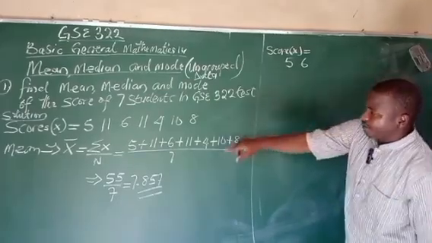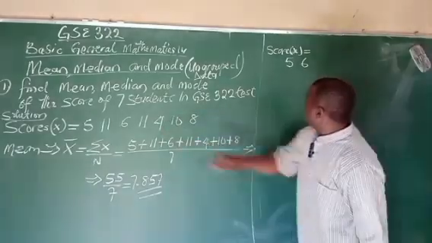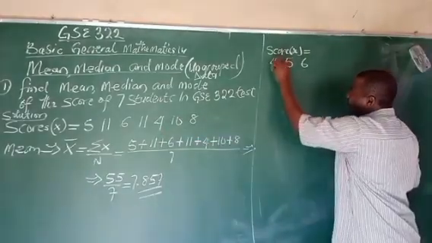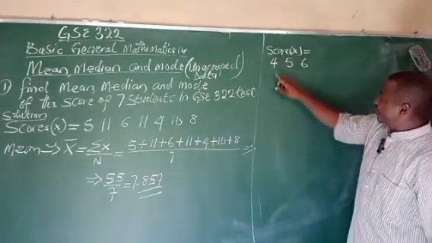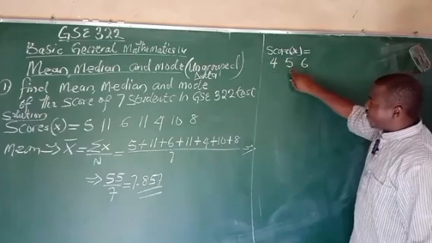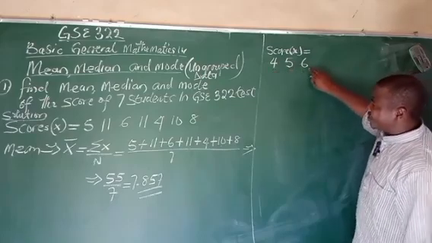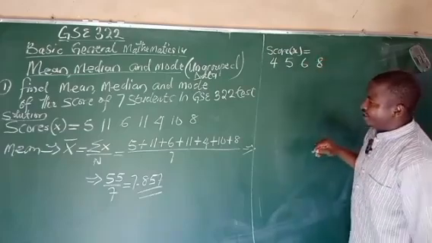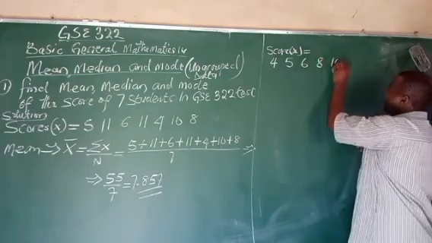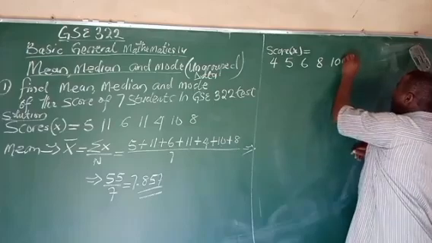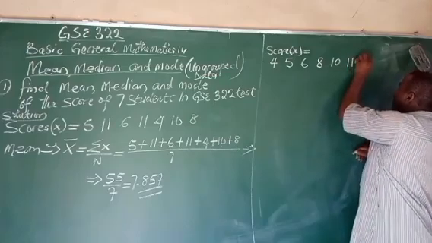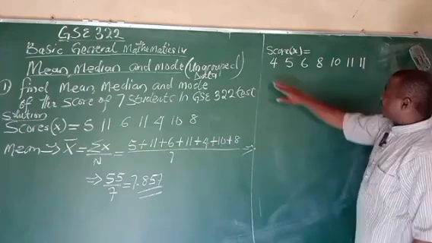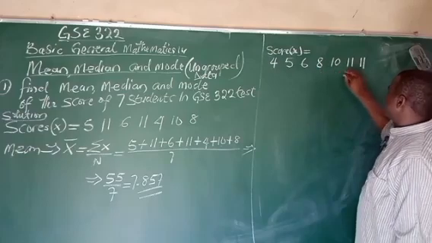Sorry, the lowest is 4. 4 followed by 5, followed by 6, followed by 8, followed by 10 and 11. 11 also. 1, 2, 3, 4, 5, 6, 7.